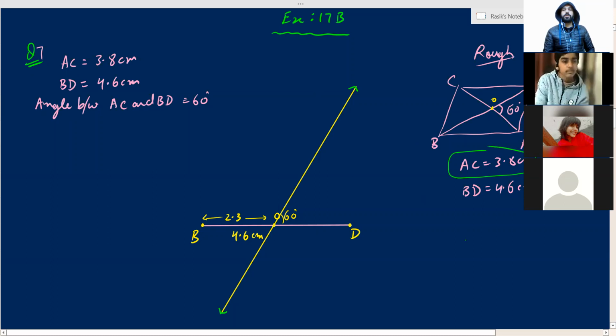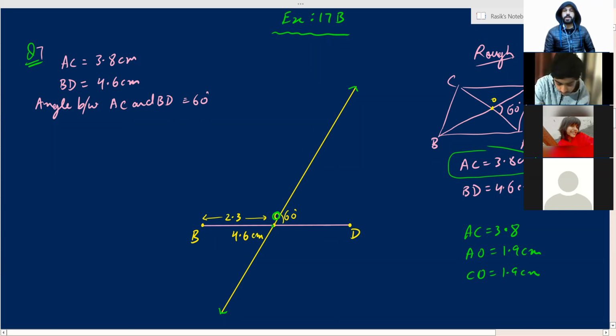Now what is the length of the diagonal AC? 3.8. So if AC is 3.8, then AO will be 1.9 centimeters and CO will also be 1.9. Am I right? So measure 1.9 centimeters in your compass and keep it at point O. This is your point O, green color.